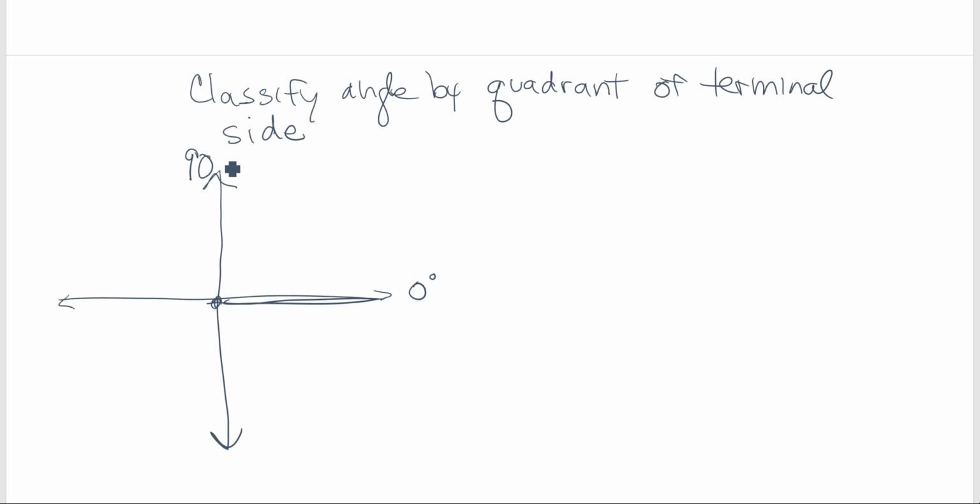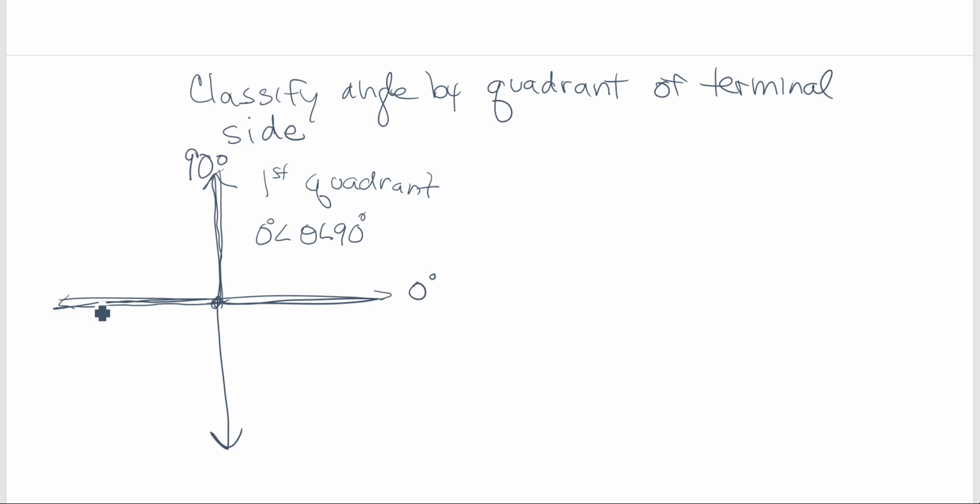If it were on the positive y-axis, it would be a 90 degree angle. So if I'm in the first quadrant, its measure would be between 0 and 90 degrees.